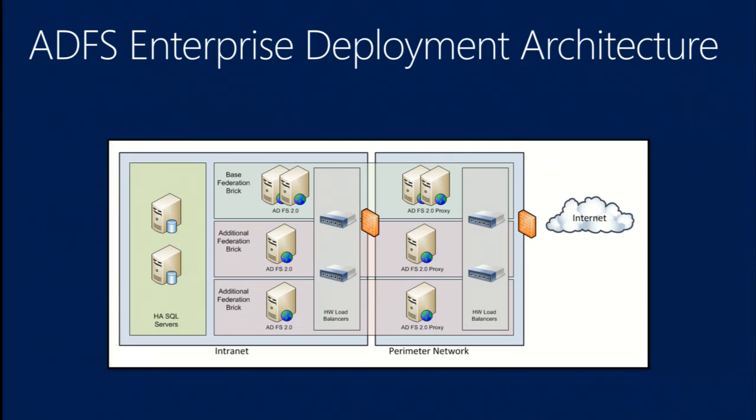ADFS can use SQL Server in the backend, or it can use the Windows Internal Database, and this is required for its configuration database. So in this diagram, we show SQL Server just because, obviously, SQL Server is a better choice if you can, because it gives you scale, it gives you high availability, it gives you backup mechanisms. And you can implement high availability as shown here.